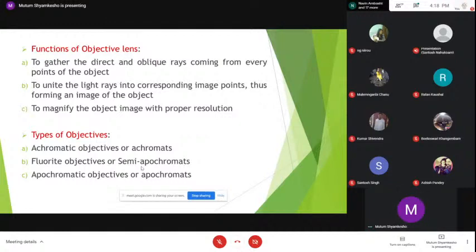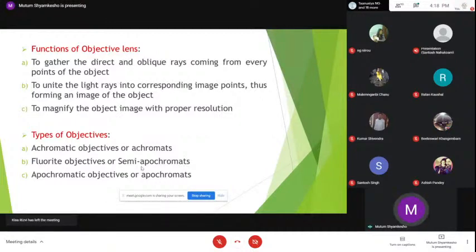The light rays having the shortest wavelength, that is violet light, will be focused nearest to the lens surface, while the light rays having the longest wavelength, red light, will be focused at a point farthest from the lens surface.